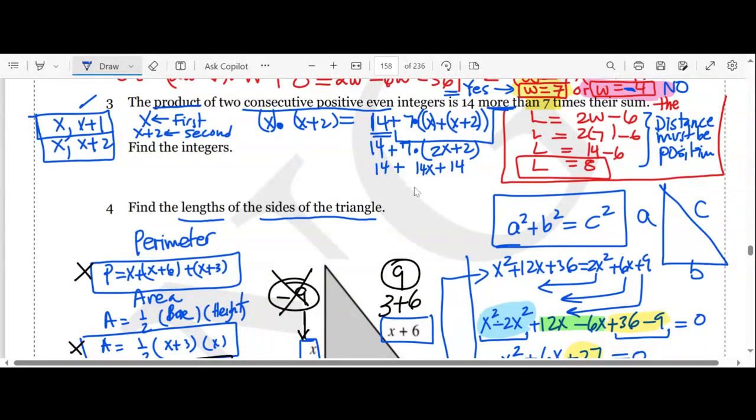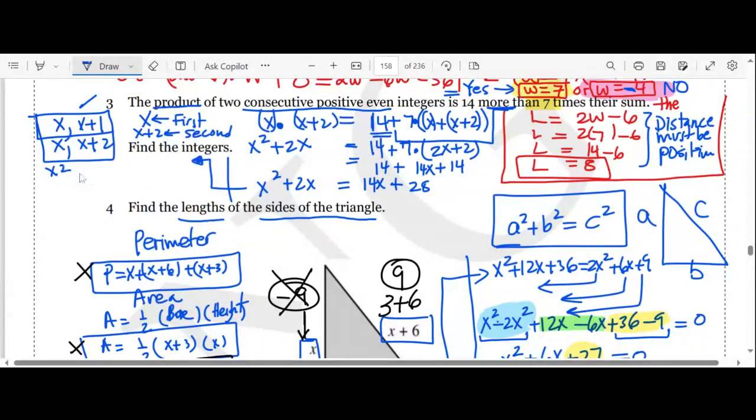And don't forget we have how much outside? 14. 14 plus 14? 28. And you have 14x. What about the other side? X times x gives you x squared. X times 2 is 2x. Okay? Now I can put everything on one side. I'll continue here.